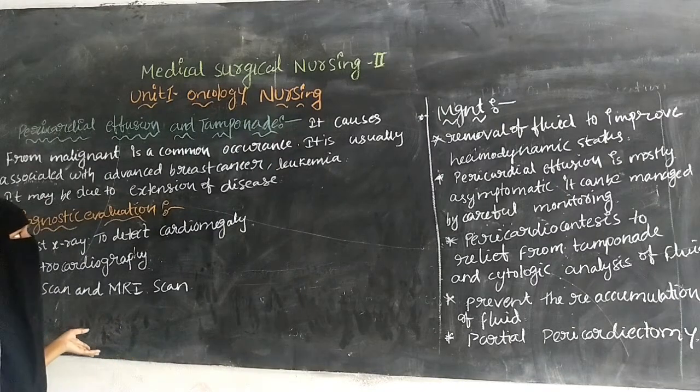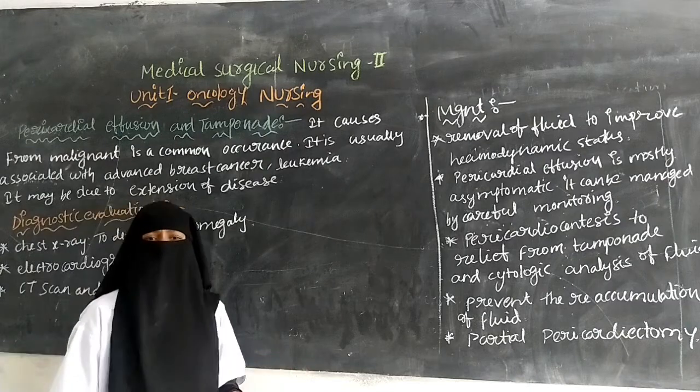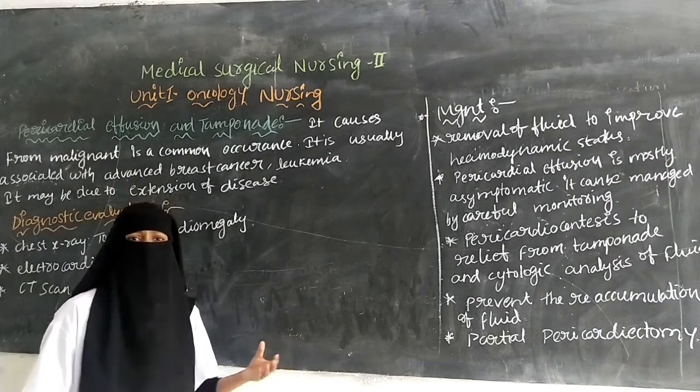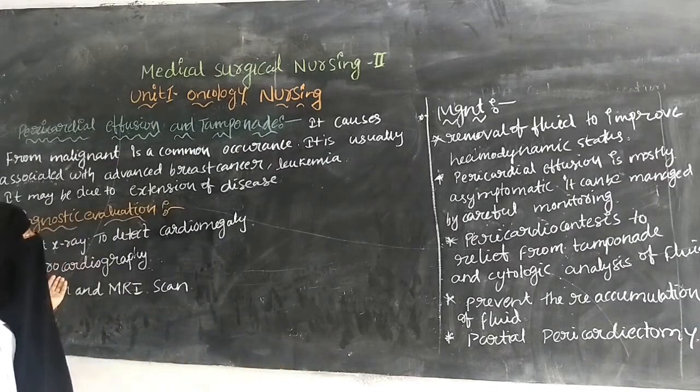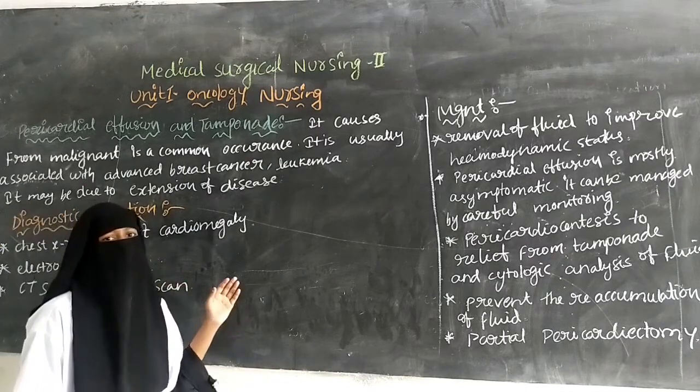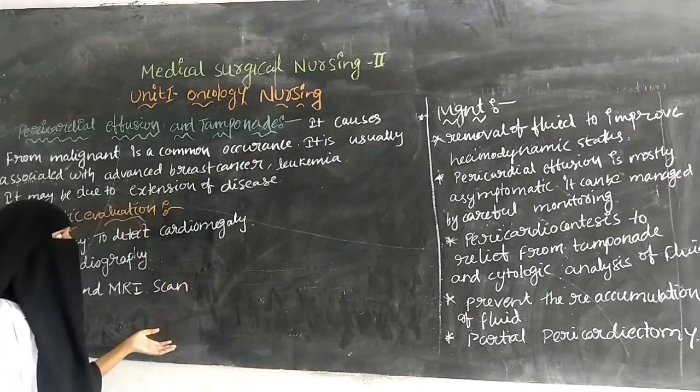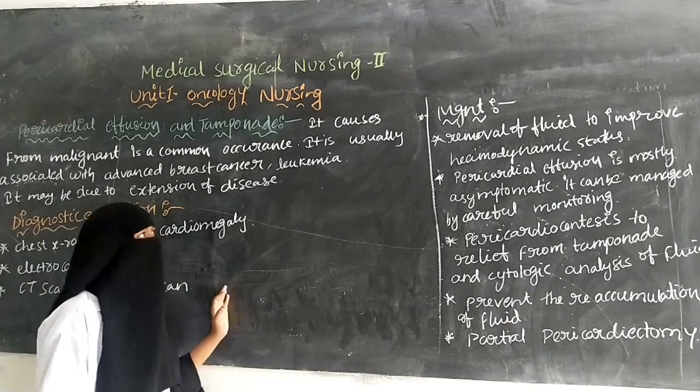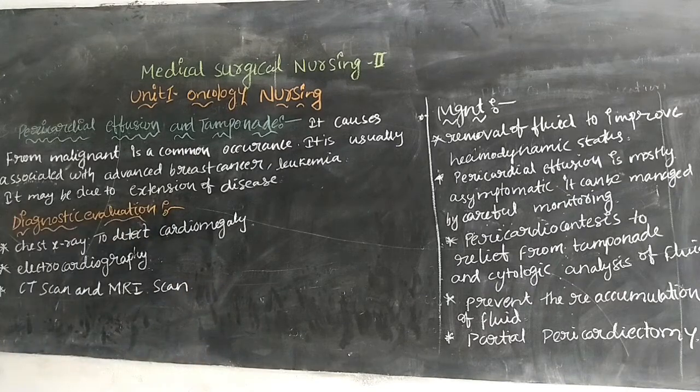It is a common occurrence. Malignancy means there is a spreading of the cancer, and this is one of the causes of pericardial effusion and tamponade. It is usually associated with advanced breast cancer and leukemia, which means blood cancer, and it may be due to extension of disease.